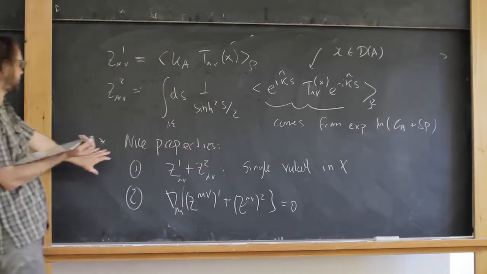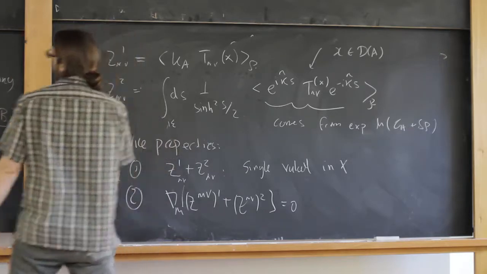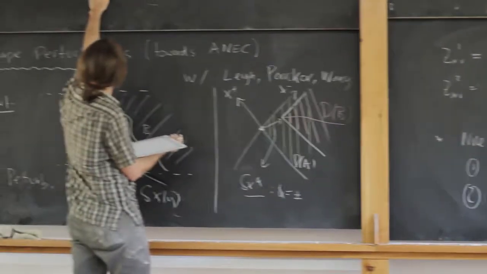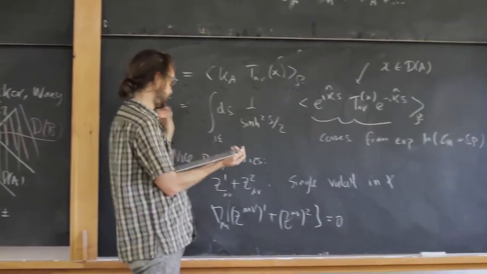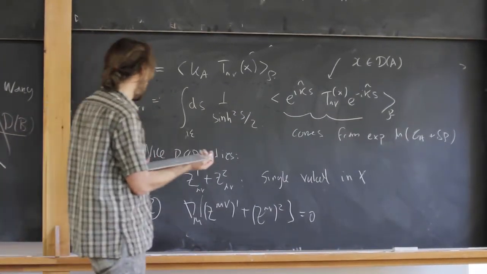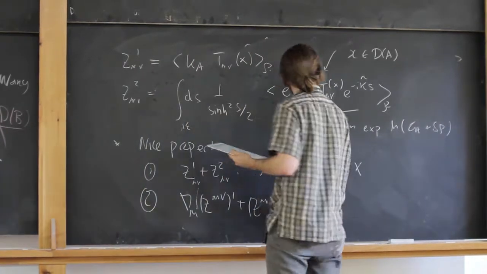So it turns out that these two properties mean that we can evaluate this integral just by analyzing the behavior of this function as x goes to the boundary of A. So let me do that now, and then we'll see the answer pop out.